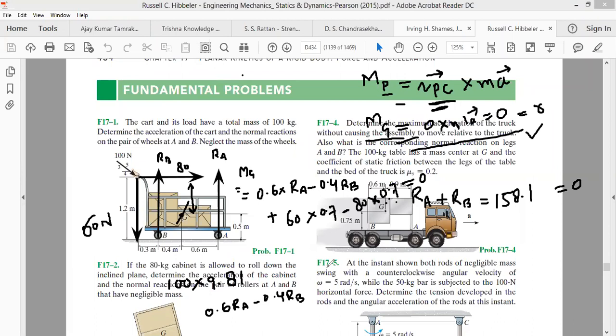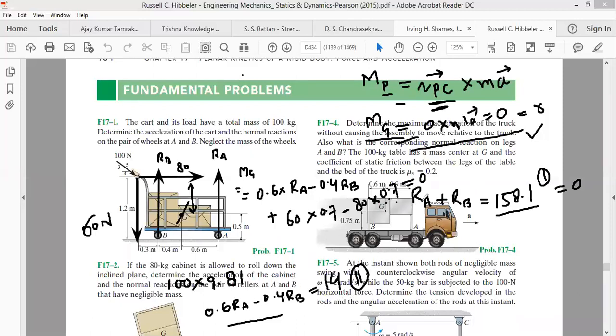That becomes equal to 20 into 0.7, that is equal to 14. So now we have two equations. I will write this as equation 2, and I have equation 1: RA plus RB is equal to 158.1, and 0.6 RA minus 0.4 RB is equal to 14. From these two equations, I can obtain the values of RA and RB.